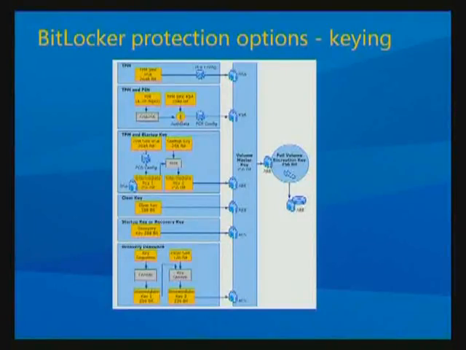TPM and startup key, interestingly enough, has the highest cryptographic strength because we can easily put 256 bits of AES entropy on this. That's easy. You'd never expect anyone to enter 256 bits of AES entropy. Whilst this is theoretically stronger than TPM and PIN, in the real world, TPM and PIN is stronger. Why? Because this will be in the same bag as the laptop every single time.